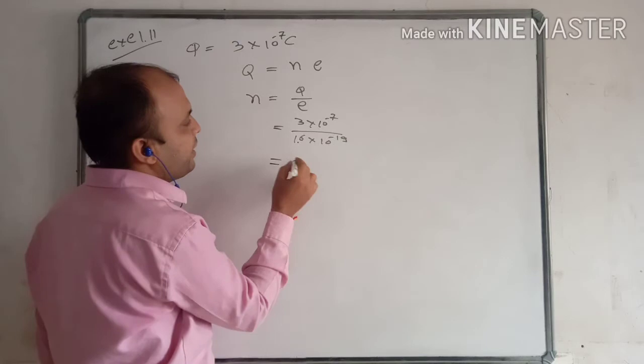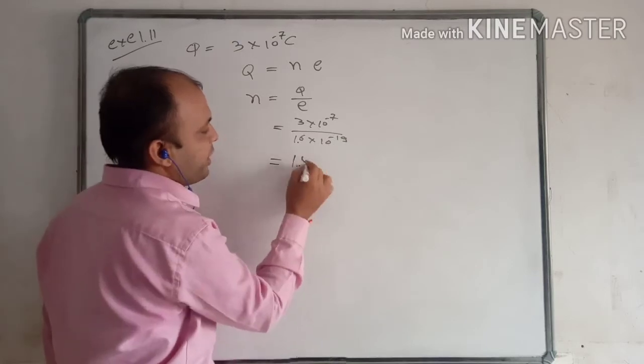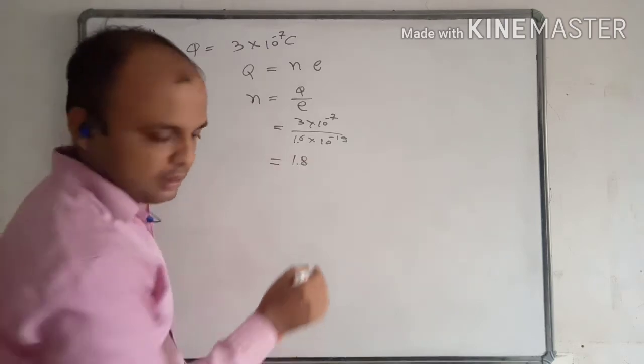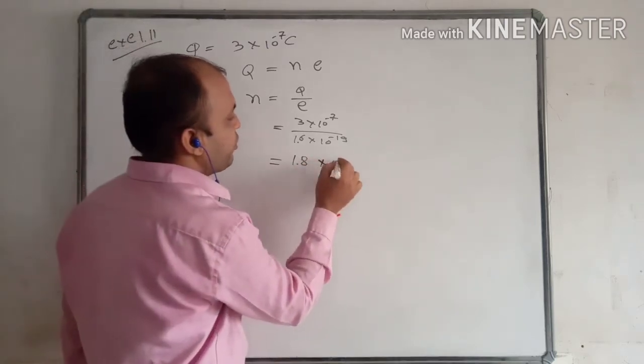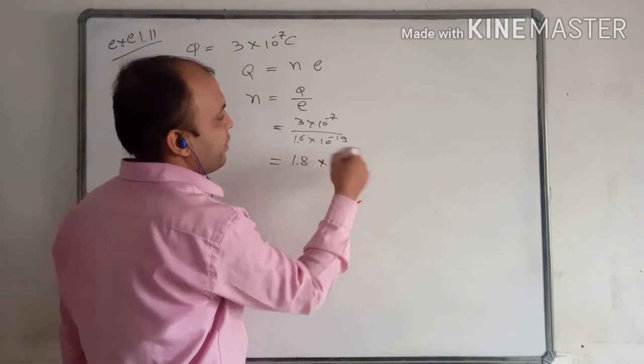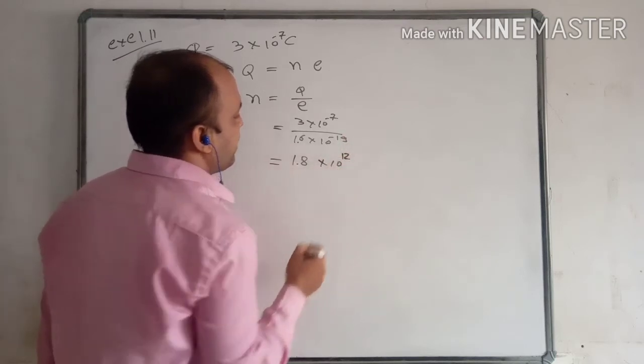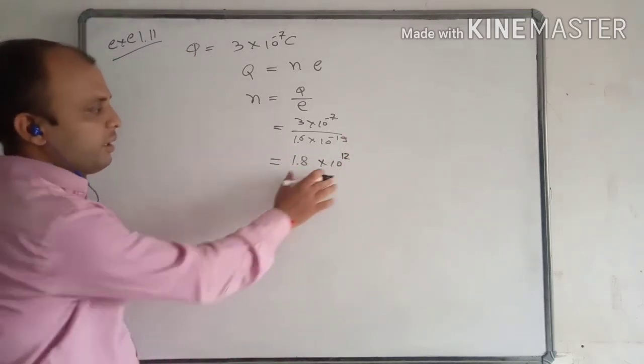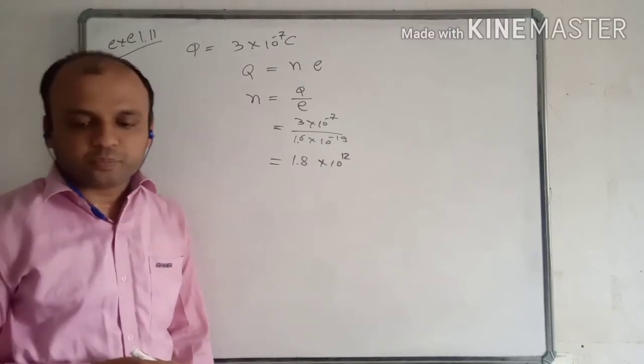So N comes out to be 1.8 into 10 raised to plus 12. It is a number, so it doesn't have any charge.